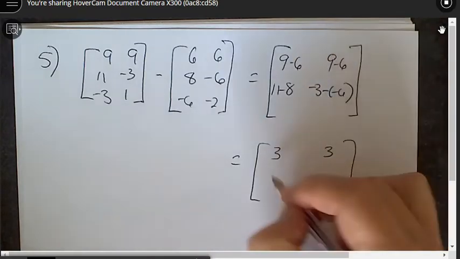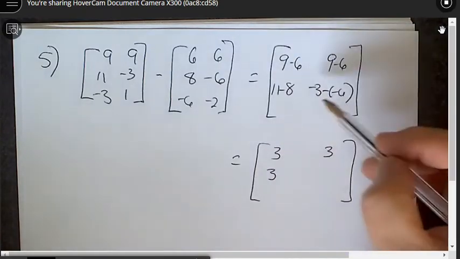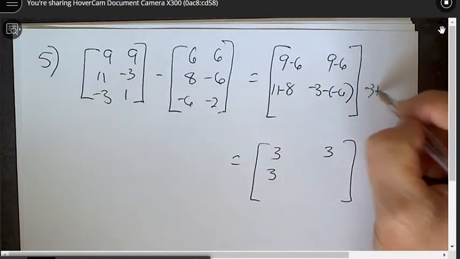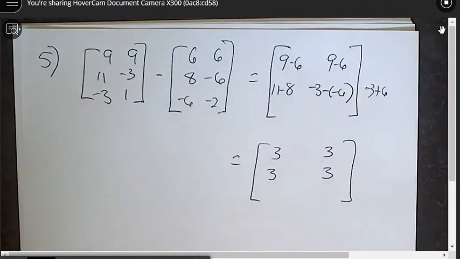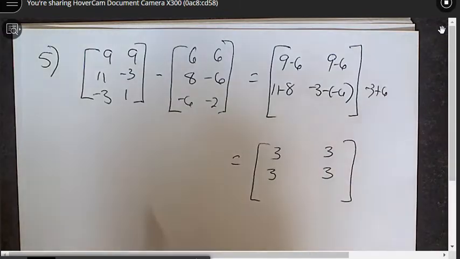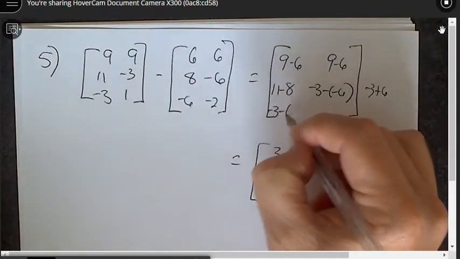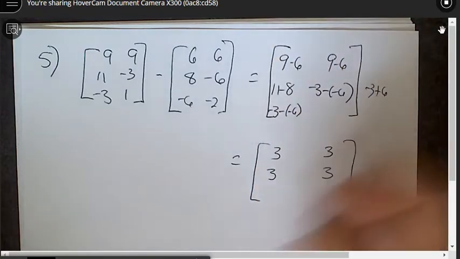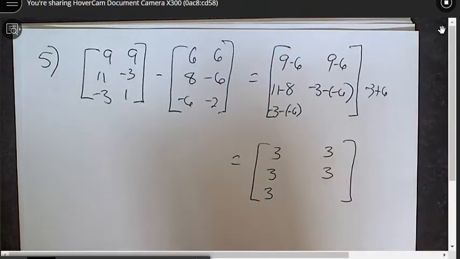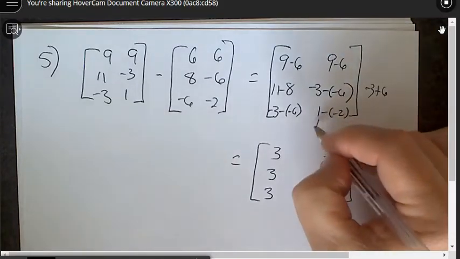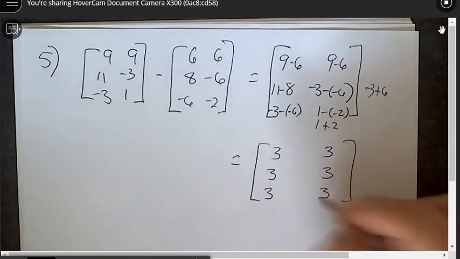So 11 minus 8 is 3. -3 basically plus 6 for that one, which would also be 3. Kind of all 3s here. Bottom row, we've got -3 minus -6 again. So we just did that one. We know that one's also 3. And then the last one, it's 1 minus -2, which is really 1 plus 2, which is also 3.